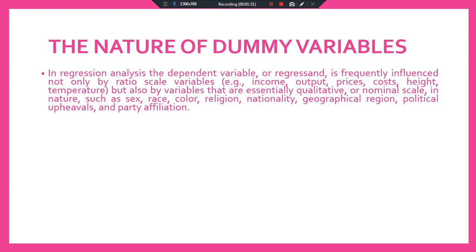In regression analysis, the dependent variable or regressand is frequently influenced not only by ratio scale variables like income, output, price, cost, height, temperature, but also by variables that are essentially qualitative or nominal scale in nature, such as sex, race, color, religion, nationality, geographical region, political upheavals, and political party affiliation.